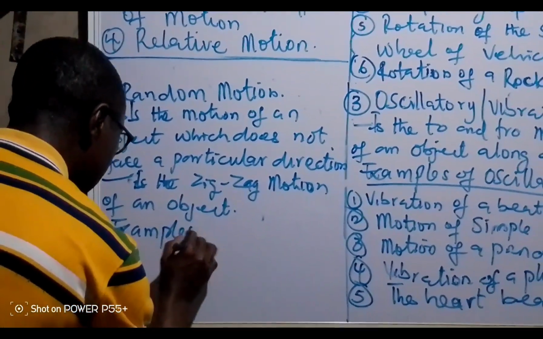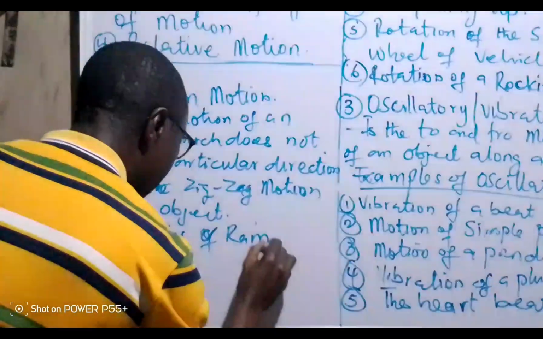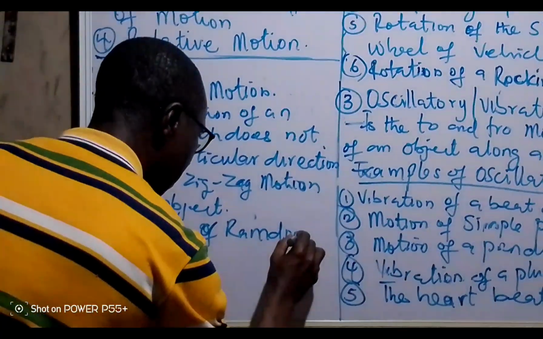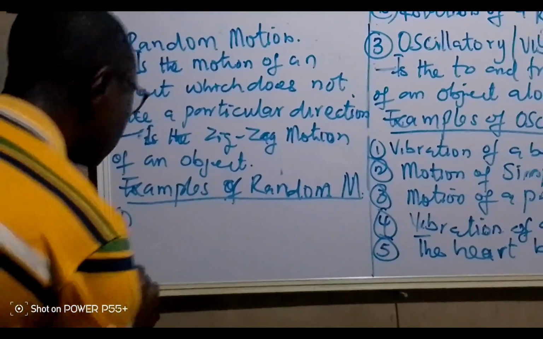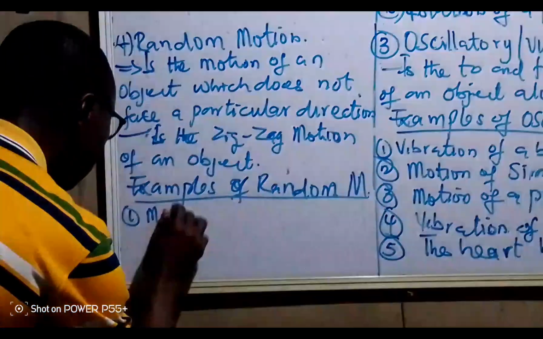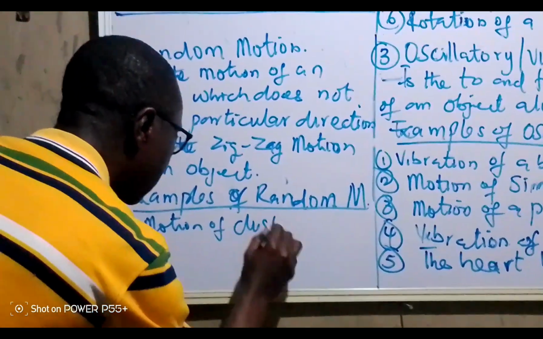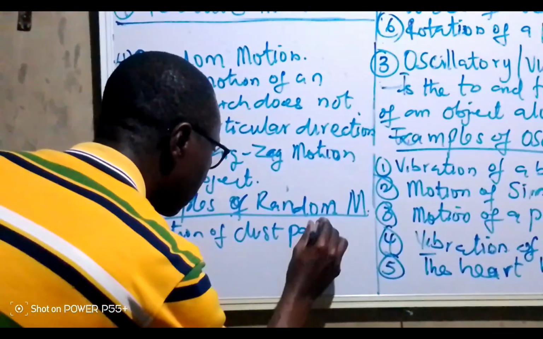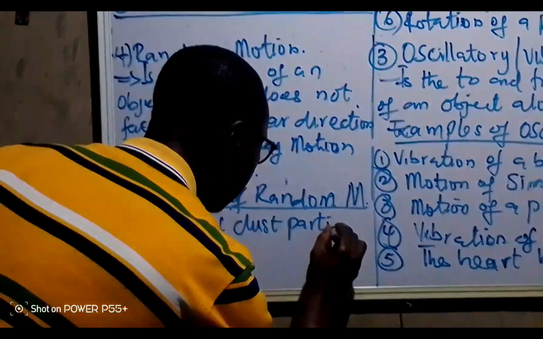Examples of random motion. Number 1, motion of dust particles.